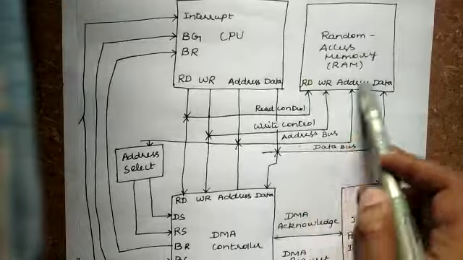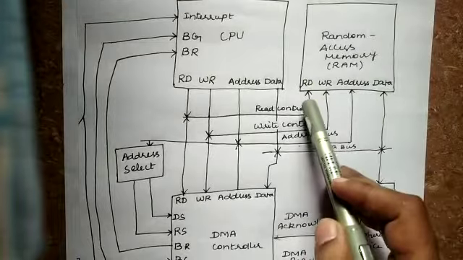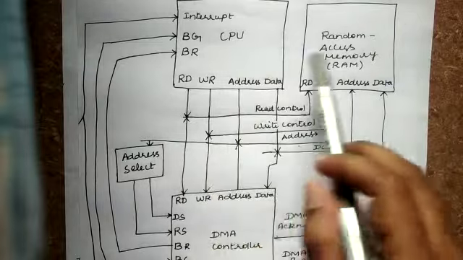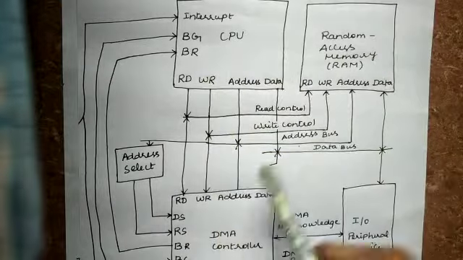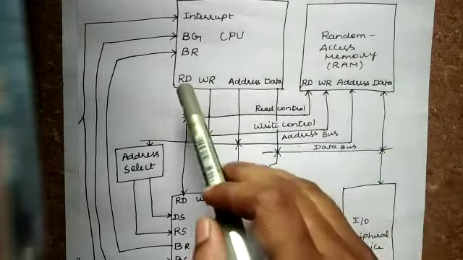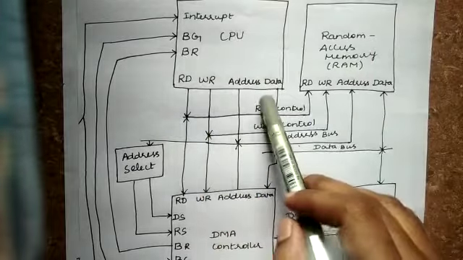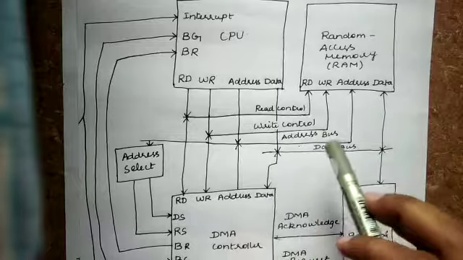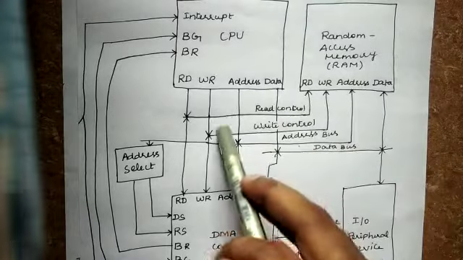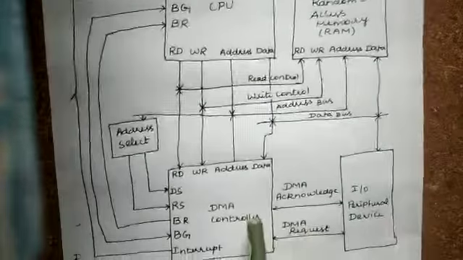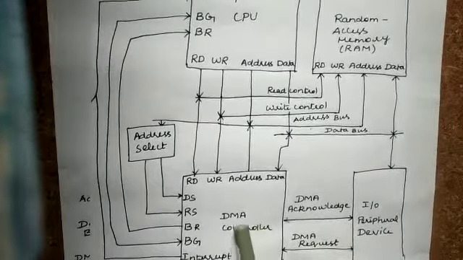In this memory also we have all the control lines, that is, 4 common control lines connected with the CPU, the DMA controller and the memory: read line, write line, address and data lines. All these 4 are common control lines interconnected with these 3 devices. This is how the DMA transfer takes place.